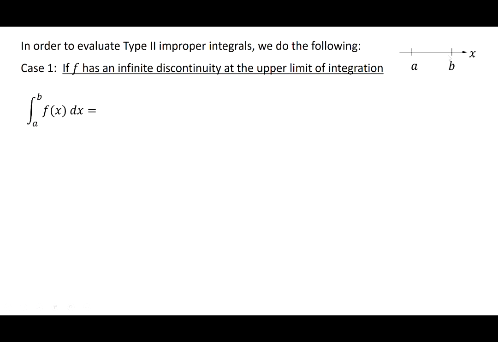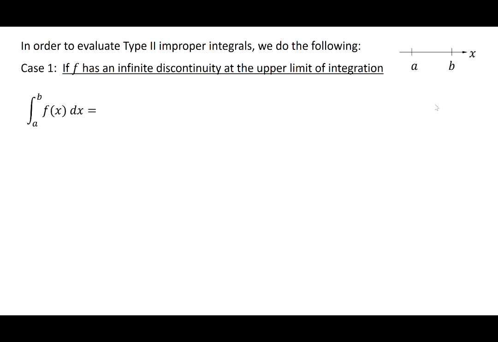I won't let x reach b, because if I let x reach b, then there is an issue. So what if I just stay slightly to the left of b?